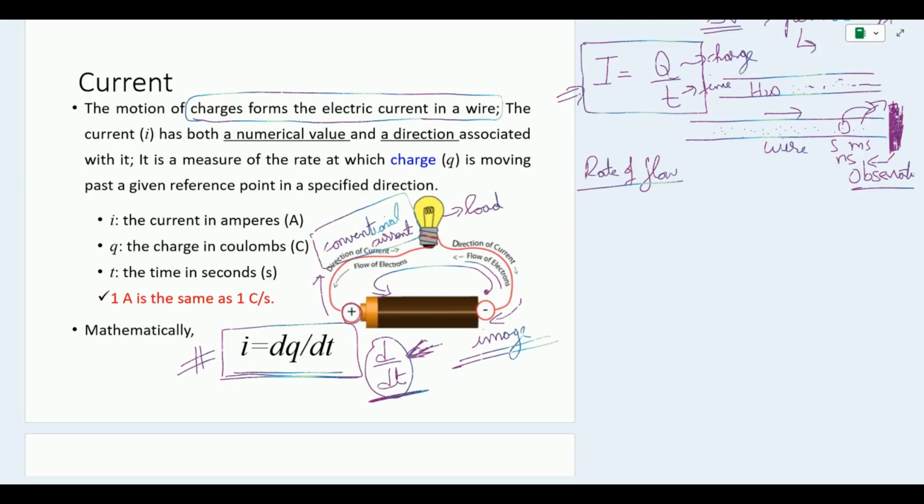Now that we have understood the basic governing definition of current, let us see what other things we need to know when we are finding currents. There are certain principles or rules, or I can say important points, for current.